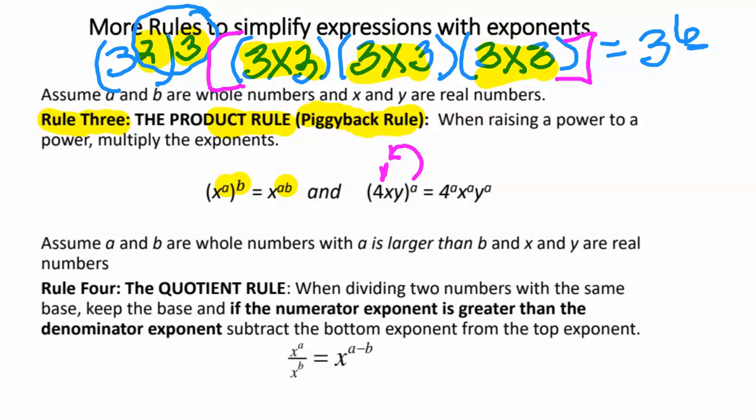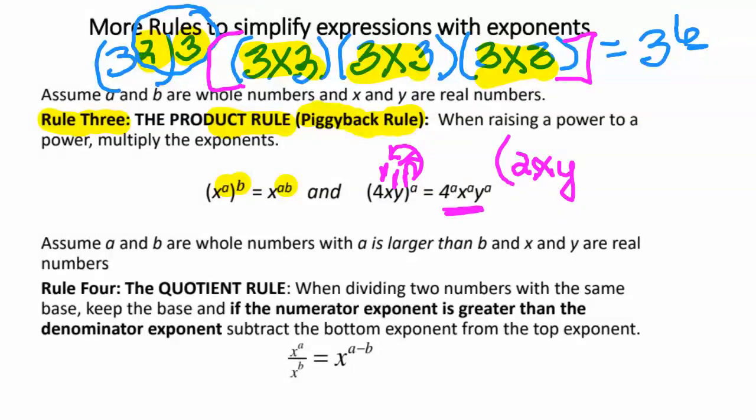Now x has a power of 1 and y has a power of 1. The exponents are multiplying. And let's give you an example. I have 2xy, and I'm going to put a 3 out here.